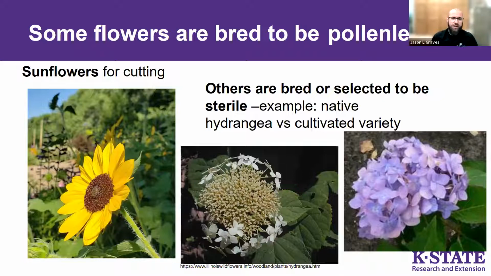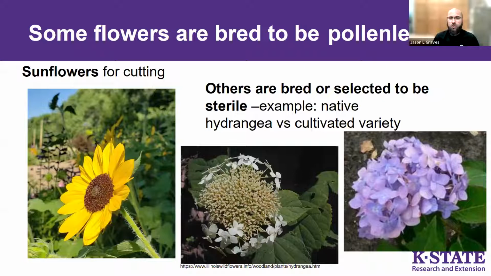And so a native hydrangea typically has a couple sterile flowers, as you can see in this photo, a couple of these white sterile flowers just scattered around the hydrangea. And then the actual flower parts that produce pollen and nectar are in the middle. There are a lot of those small flowers like we were talking about. Whereas some of the cultivated varieties of hydrangea have been selected to produce the showy sterile flowers only.